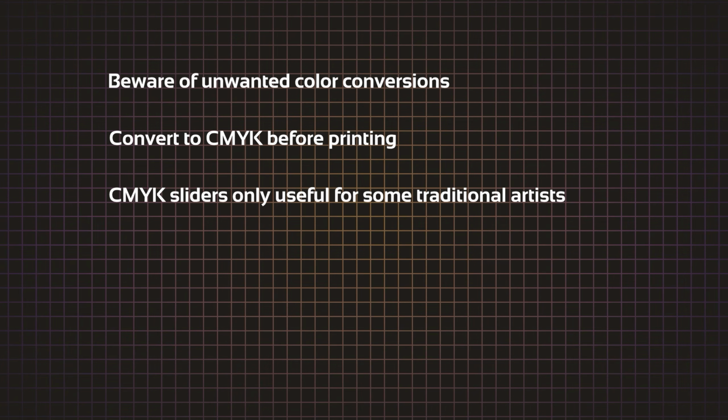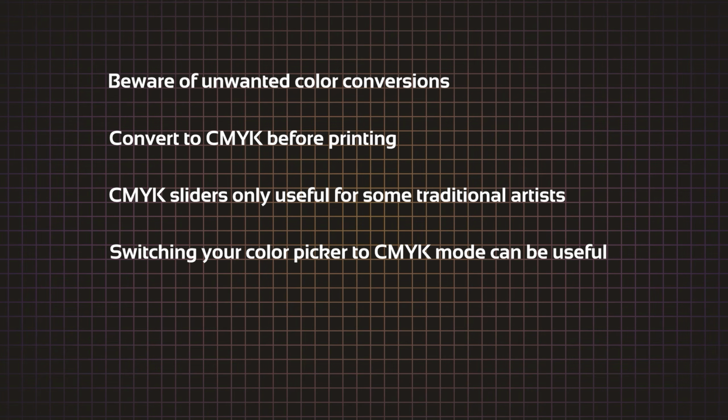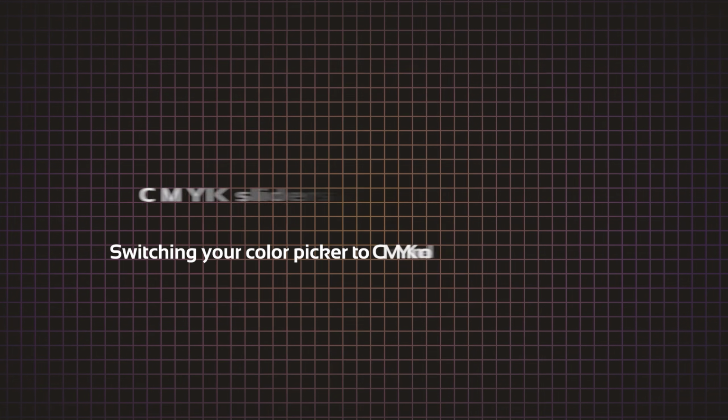And I would only recommend using CMYK sliders for picking out your colors if you are already used to color mixing in a similar way as a traditional artist or printer. Otherwise, I wouldn't say that it is particularly intuitive. And the lack of two-dimensional color squares to navigate around makes them even more inconvenient. However, switching your color picker of choice to CMYK, if possible, can be quite useful.